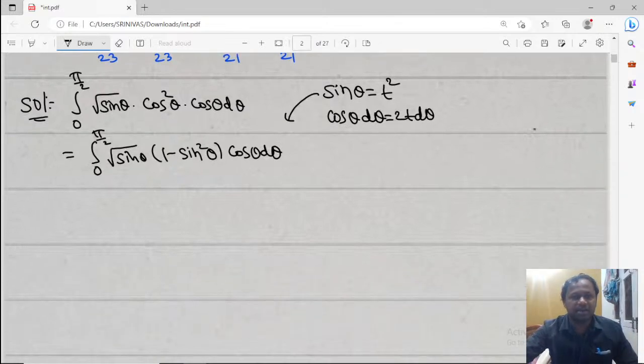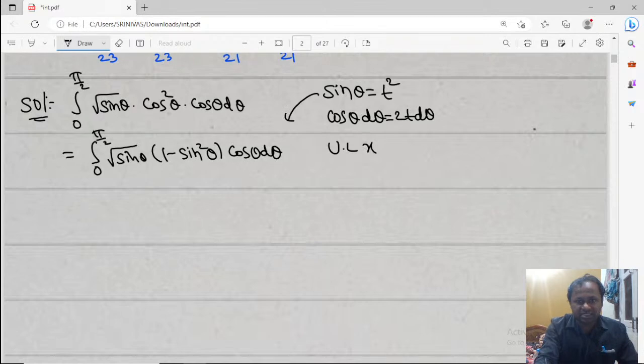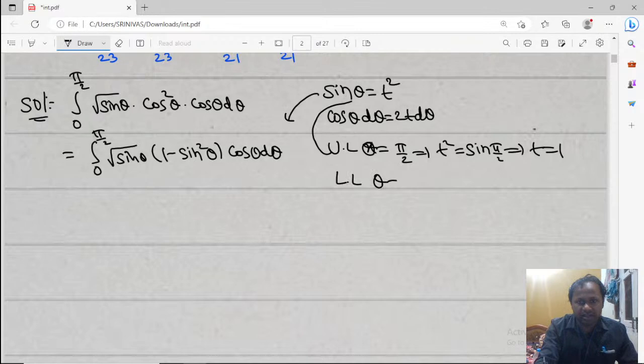What we get by substituting, the upper limit: theta is equal to pi by 2, substitute theta is equal to pi by 2 here. That implies t square is equal to sine pi by 2, that means t is equal to 1. Lower limit, theta is equal to 0.